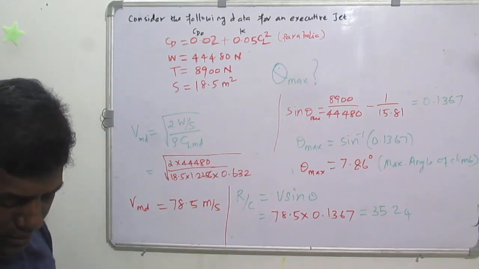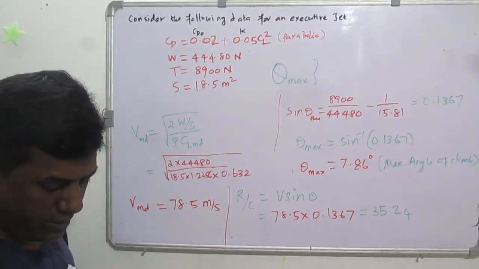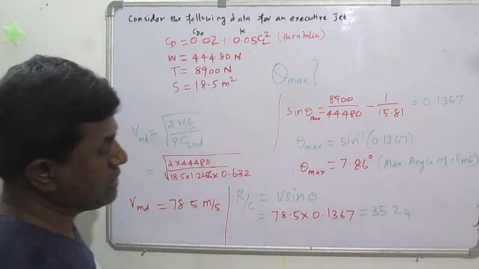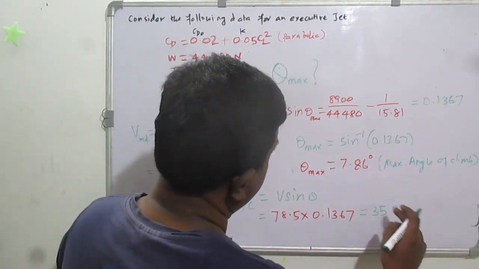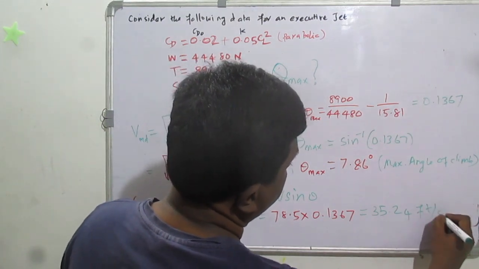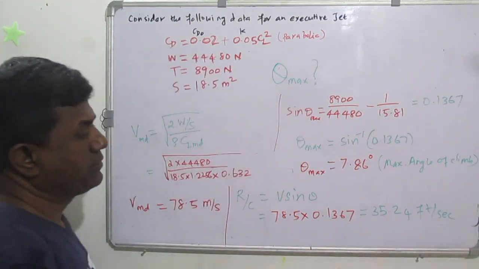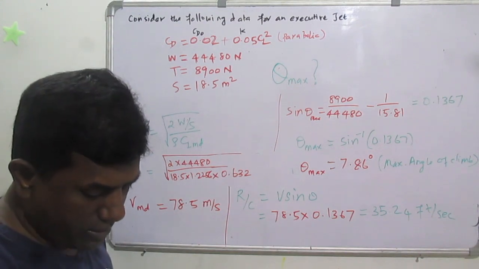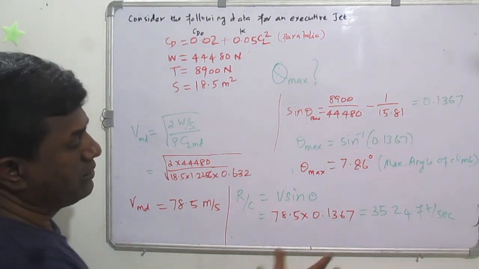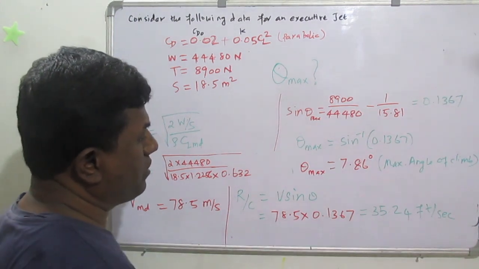Anyway, this value will be lesser than what we got previously. This is in feet per second, which is very small.